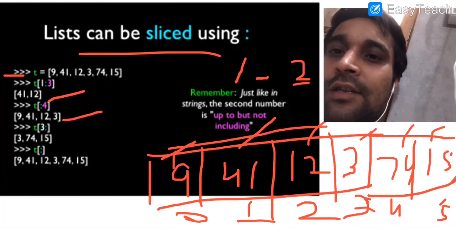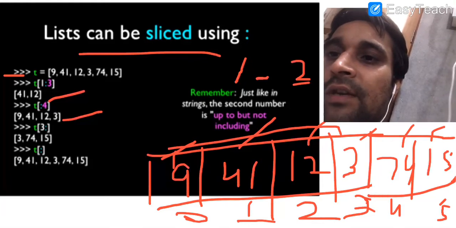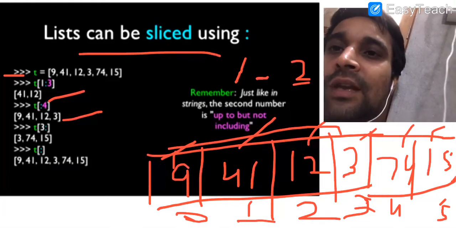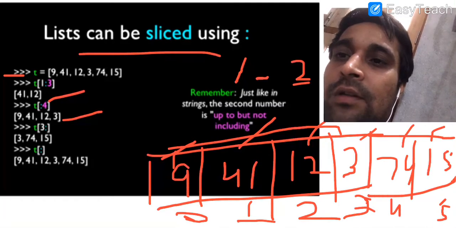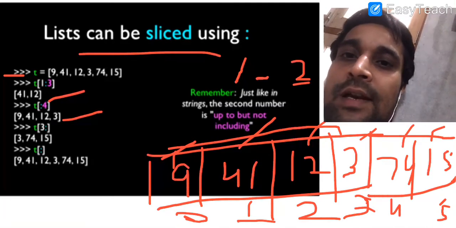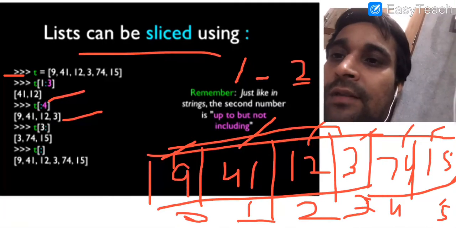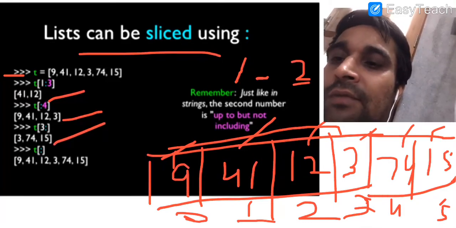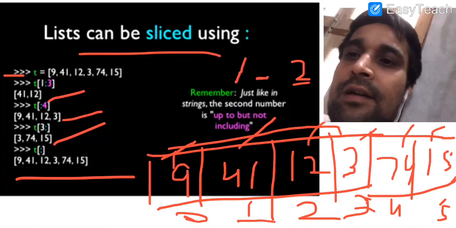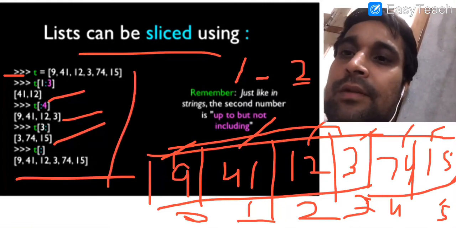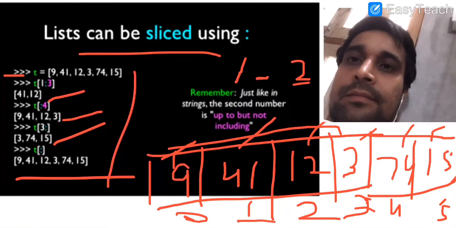These are the values stored at these locations. Thereafter we have written T[3:]. This time we have not specified the end. So we get the value at index 3, and we go up to the last. So we get the values 3, 74 and 15. Next, we have not specified either the start or the end, so we get the complete list that was created by us.